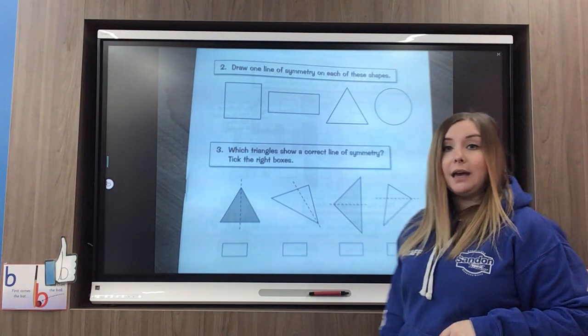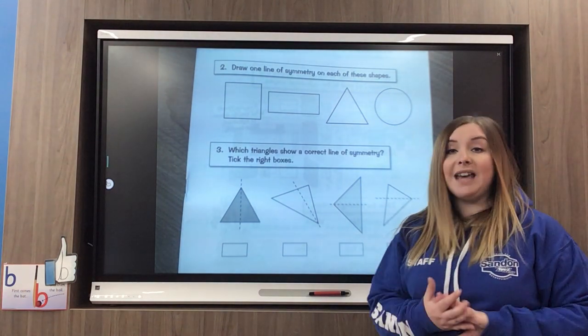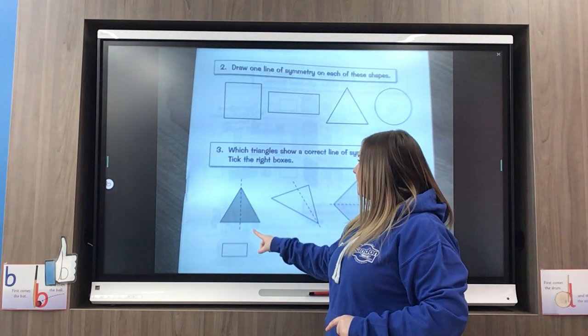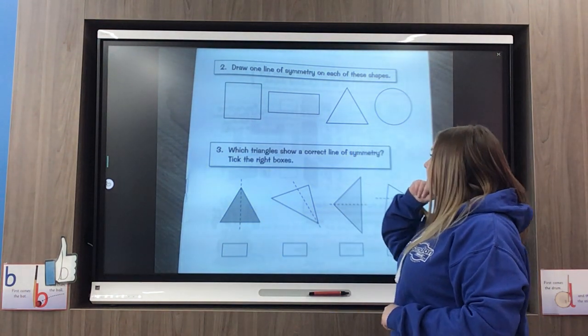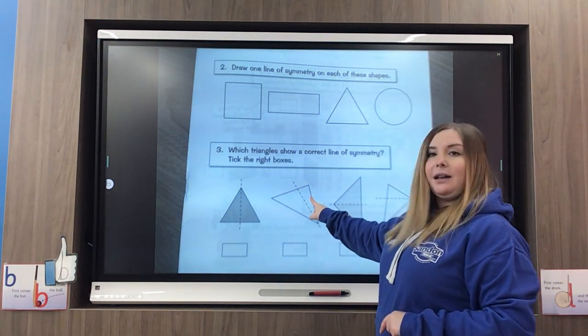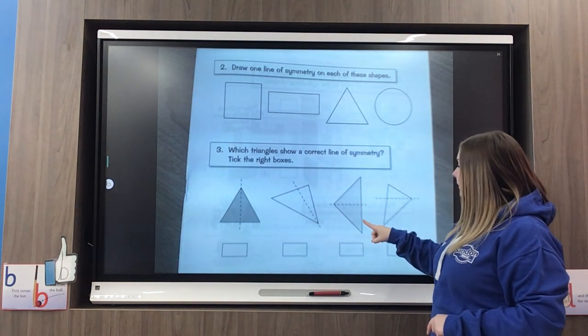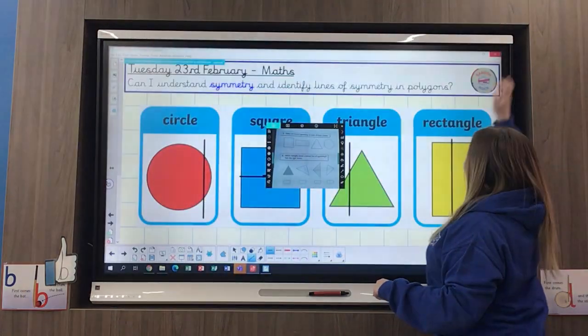They're all triangles because they've got 3 sides. And think, are both sides exactly the same? Is it exactly the same both sides? If it is, put a big tick in that box. Are both sides exactly the same on this one? What about this one? Okay, and you've got 4 to do like that.